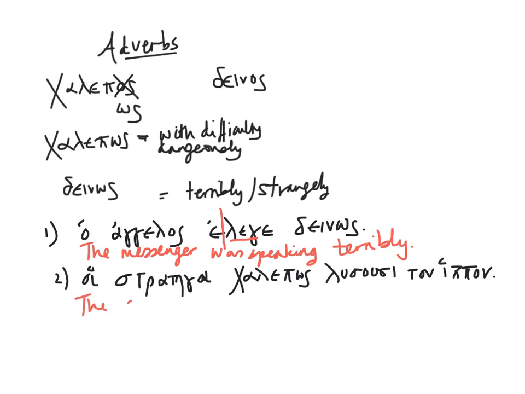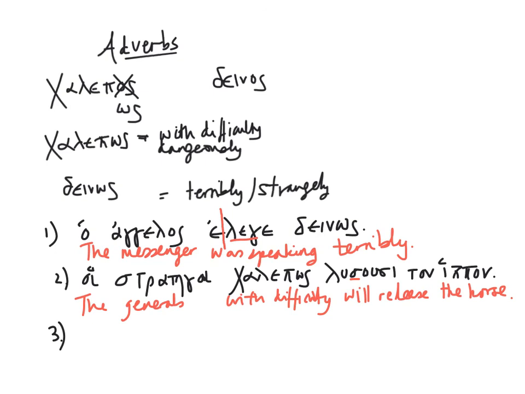The generals, with difficulty. Will release, I suppose I could say loosen, untie, the horse. I know that this is a plural because there's a sigma between the stem and the ending in the verb lusousi.